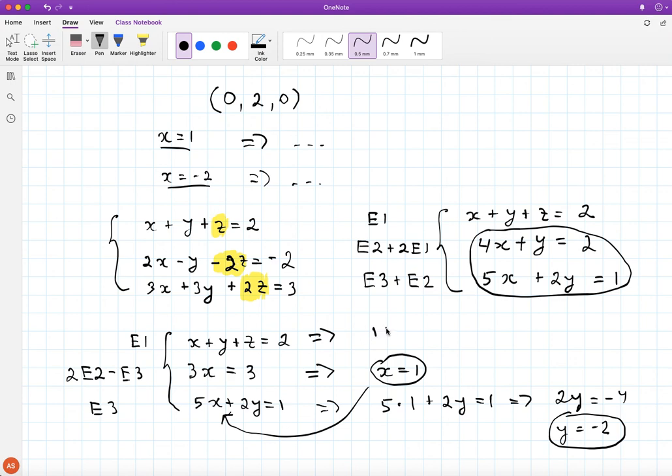We get 1 plus -2 plus z equals 2, and from here we find that z equals 3.